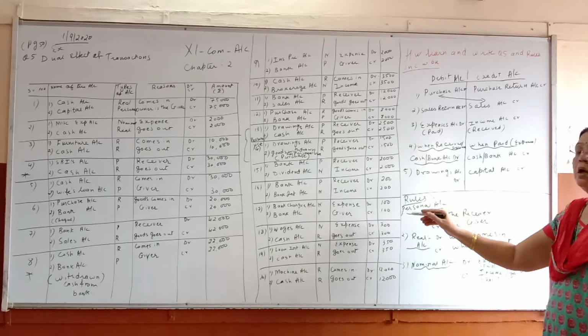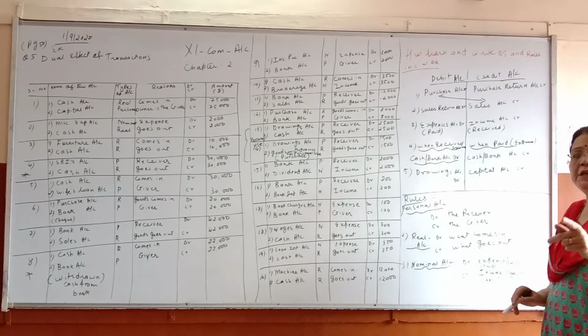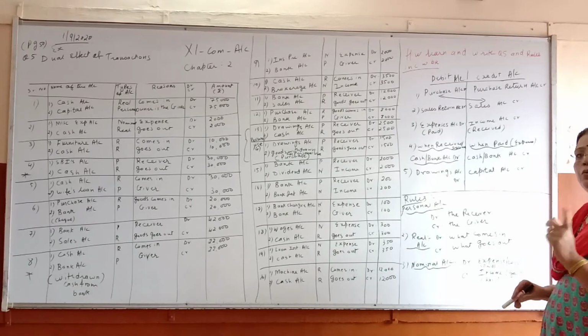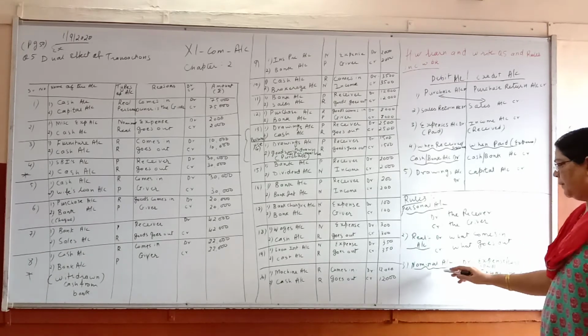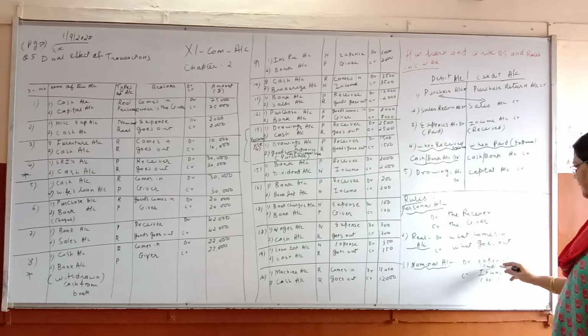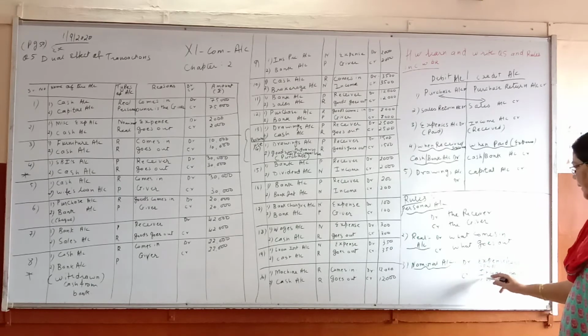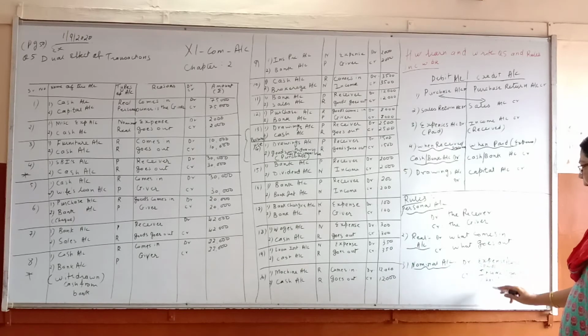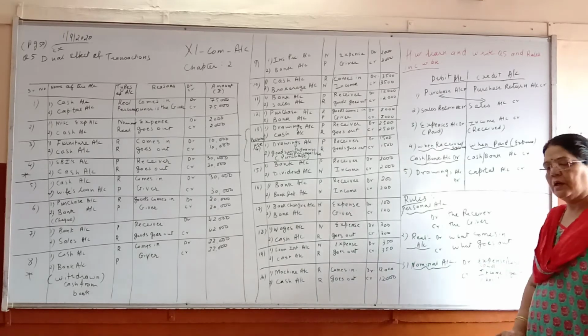It is given in the classification of accounts, which again you will do for homework. And in nominal account, debit the expenses and losses, credit income or gain. Expenses means paid, and income means received.